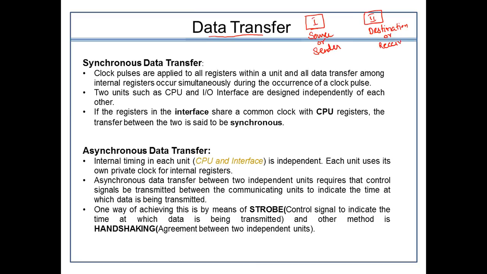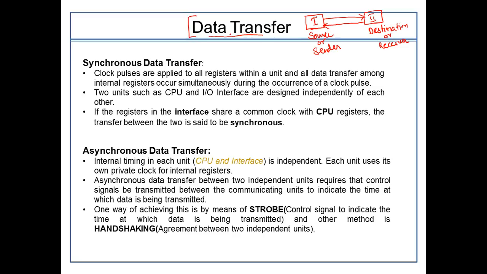We can take it in any way. My point is how the source, which wants to send the data, is responsible for sending it to the destination, and how the destination or receiver replies back to the source. This is what we are going to learn in this data transfer technique.